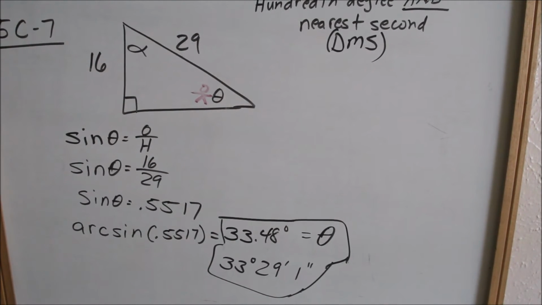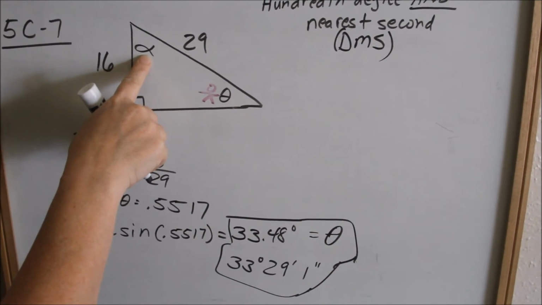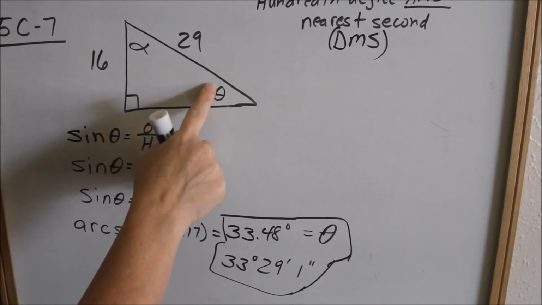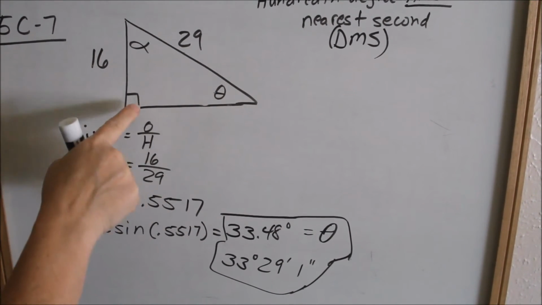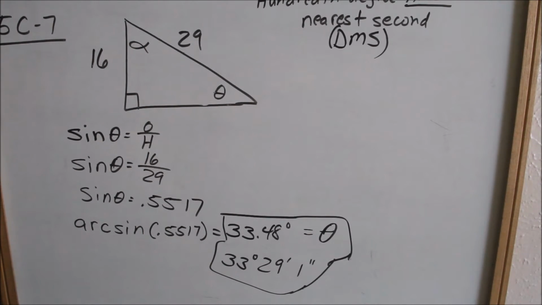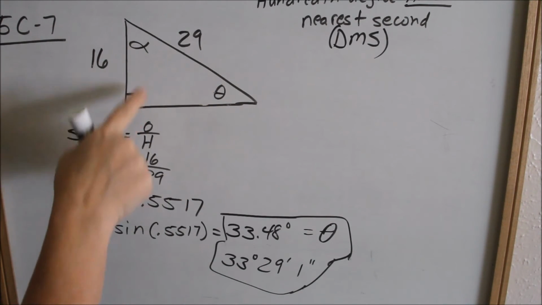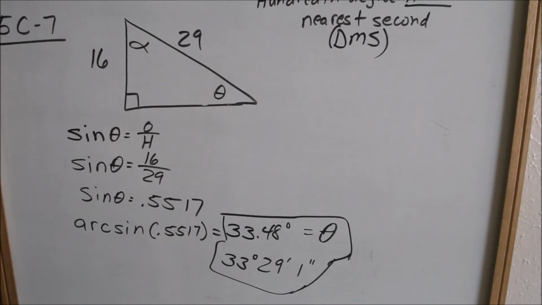So now we need to find alpha. Yes, you can go back and use a trig function, but let's make it easier on ourselves. The angles of a triangle all add up to 180 degrees. We already know this one is 90, so these two angles have to add up to 90 degrees. 90 plus 90 is 180.